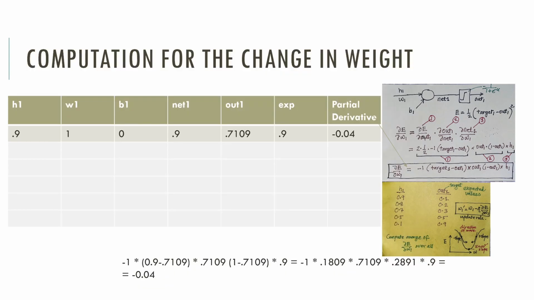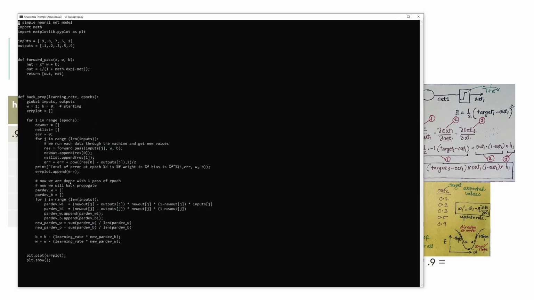Now, remember, a network looks like this. So you need the value for net 1, out 1, and W1, B1 are known because those are inputs. Then you get net 1 and out 1. So that's what this forward pass gives us: this res, and res has two values, out and net, right? It gives you those. And then you compute the error.